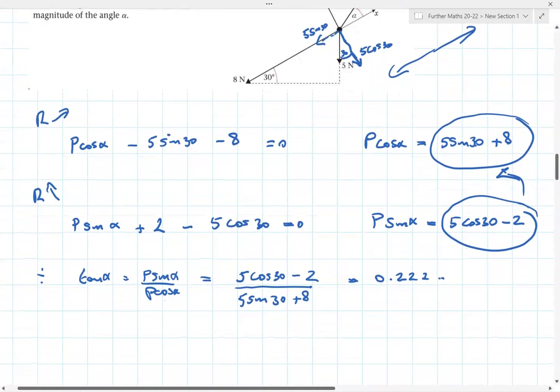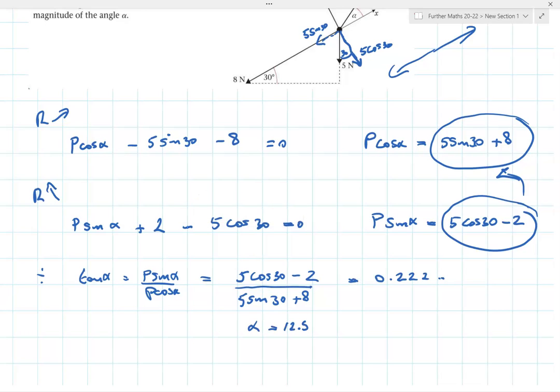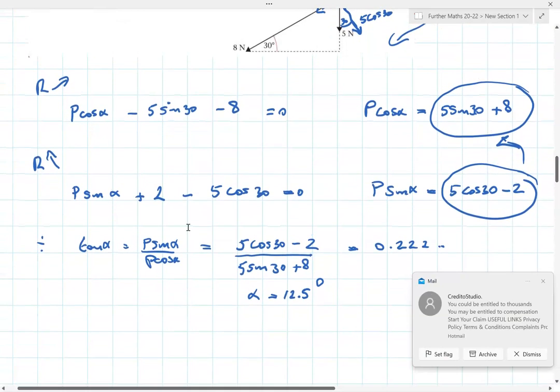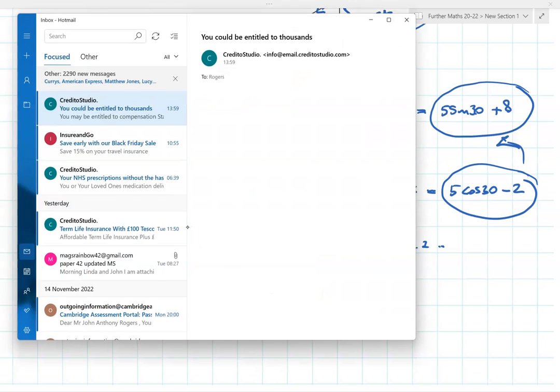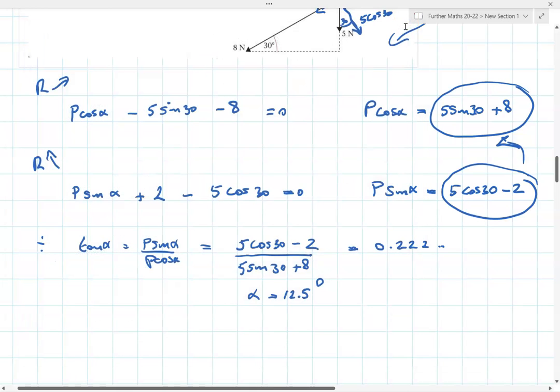So if we inverse tan that, we get alpha equals 12.5 degrees to 3 significant figures. And then we can also substitute that back into either of these to work out what P is.